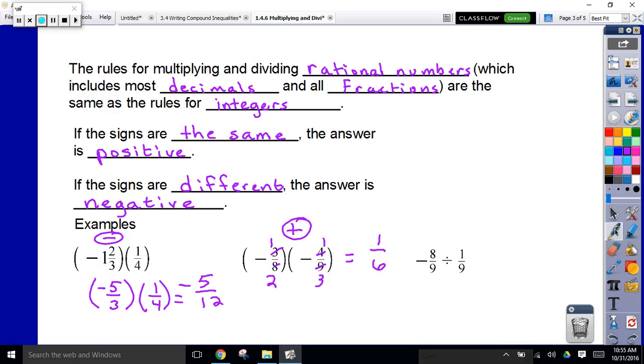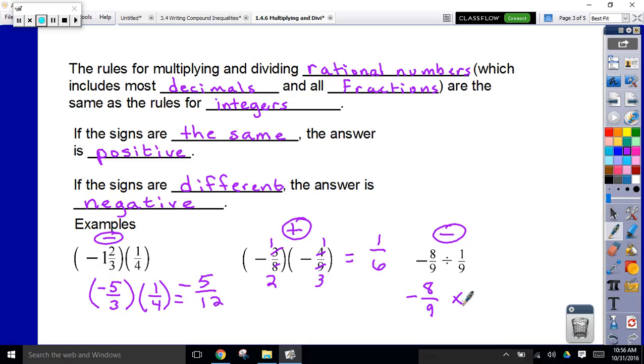Okay, last one. Last one is division. Thomas, am I going to get a negative or positive answer here? Negative, so I'm going to get a negative answer. Can you please tell me what I would do to divide that? You would do 8 and 9, which would stay there. Okay. And then you would change the division sign to a multiplication sign.